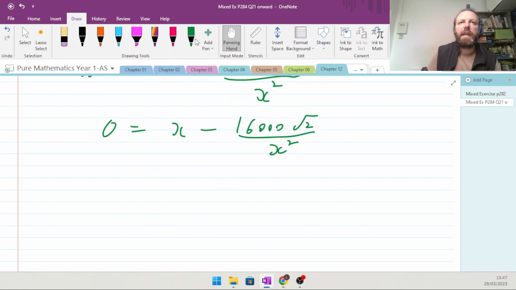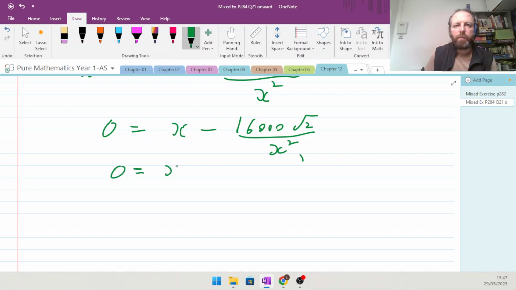What to do with that? I think the best way to deal with that, if we were to multiply out by x squared, I think that would give us something. So we're going to have 0 equals x cubed minus 16,000 root 2.